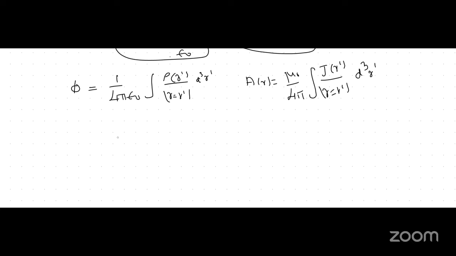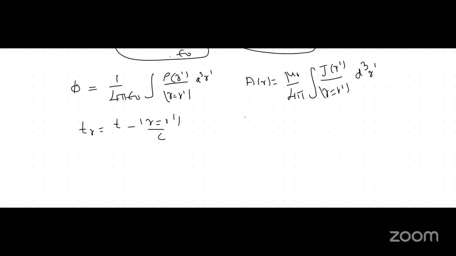We can write TR equals t minus R by c, that is, t minus the distance r minus r dash divided by c, which is the time to travel from one place to another. The distance traveled is r minus r dash.